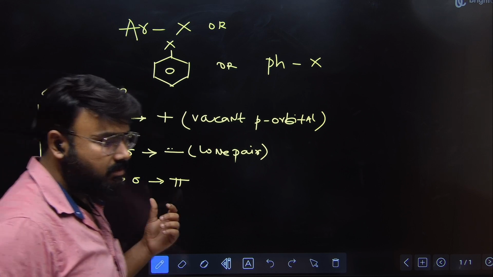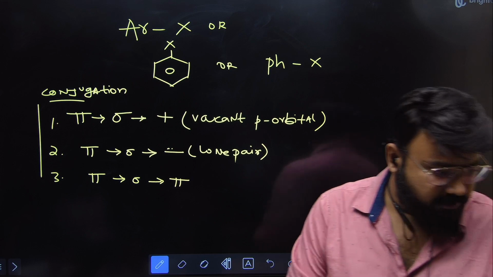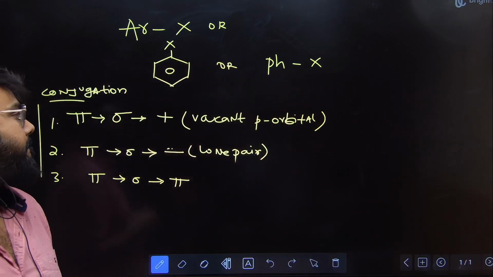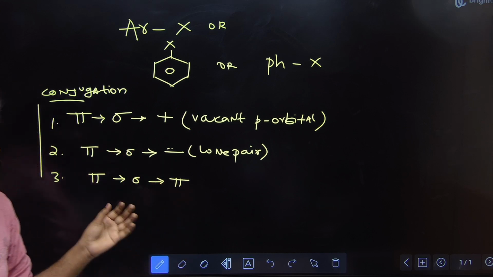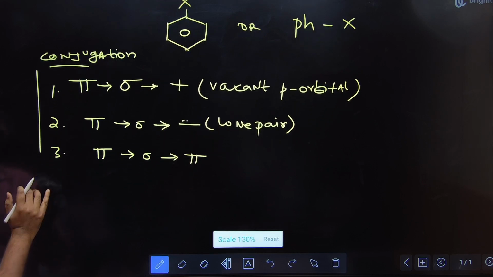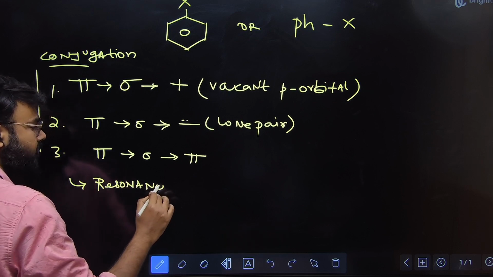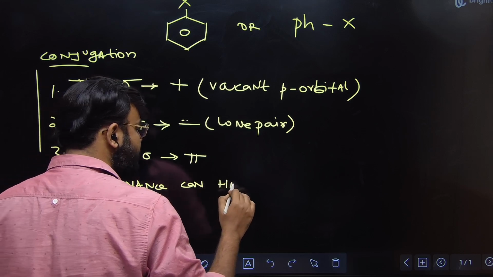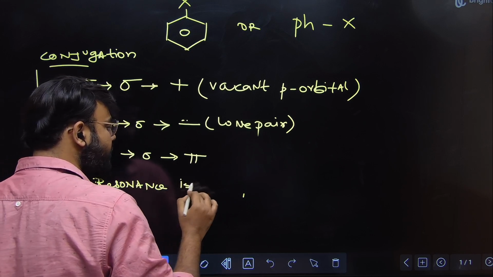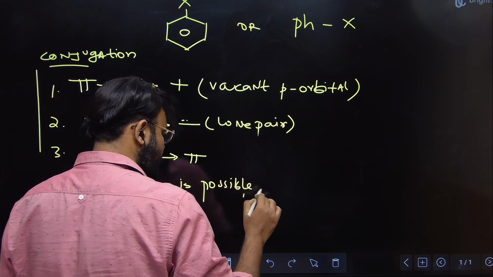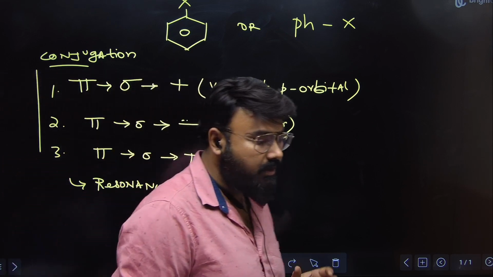If you come across any of these sequences or conjugation, then only we say resonance is possible. I hope it's clear to everyone. Guys, got it? Vaibhavi, you got it till here?